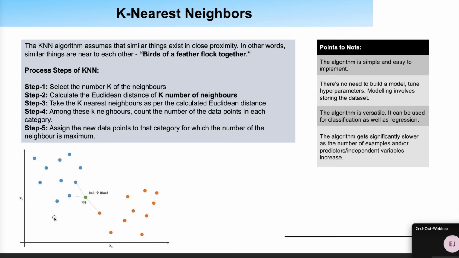So your model actually has to contain the entire data set. The model is the data set because it's a distance based algorithm, right? That is a little downside of that. And it gets significantly slower as the number of examples gets bigger, as you can easily understand.